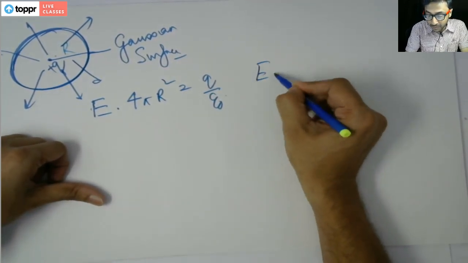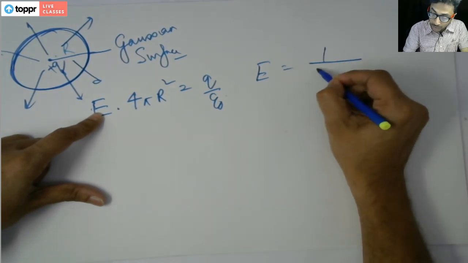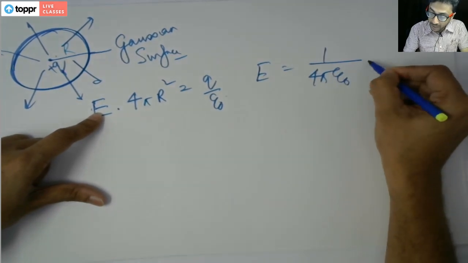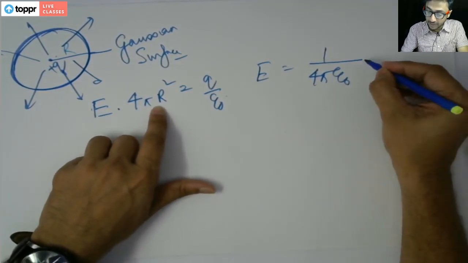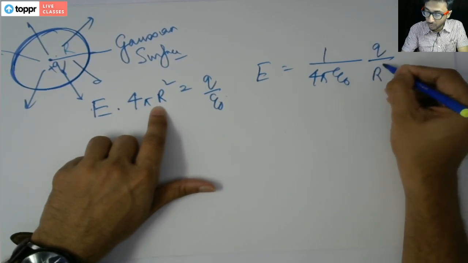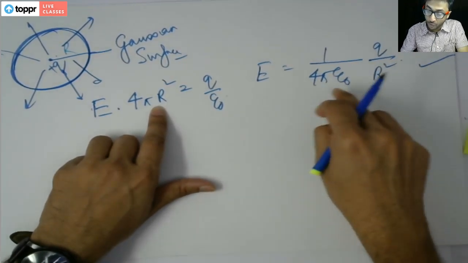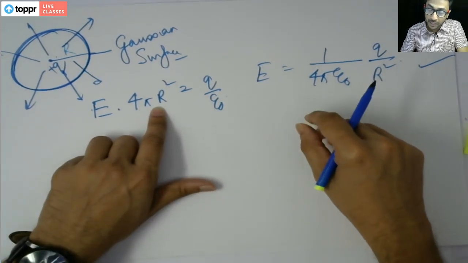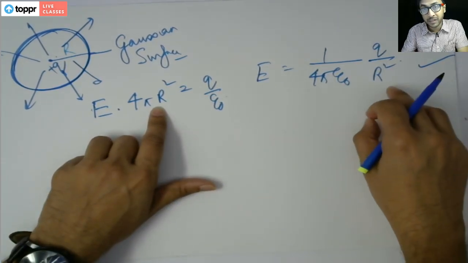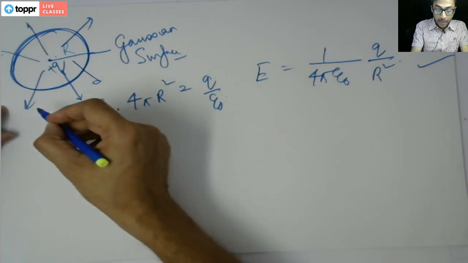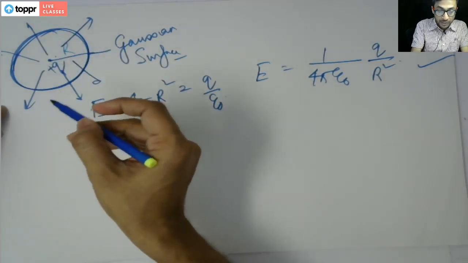So E becomes 1 by 4 pi epsilon 0 into Q by R square, which you have already deduced using the principles of electrostatics. This is for a point charge.